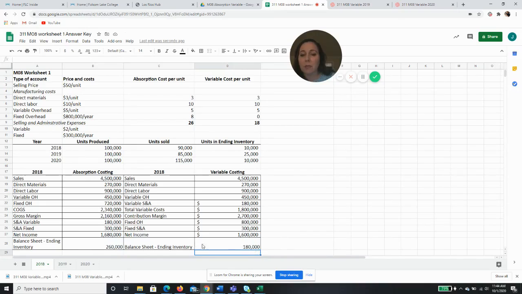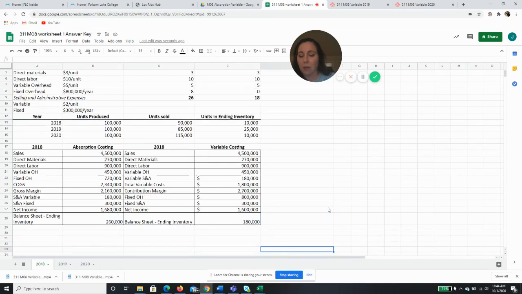The difference between those two ending inventories for this year is going to be $80,000. And that difference is the difference between what we expensed in fixed overhead under absorption and what we expensed under fixed overhead for variable.